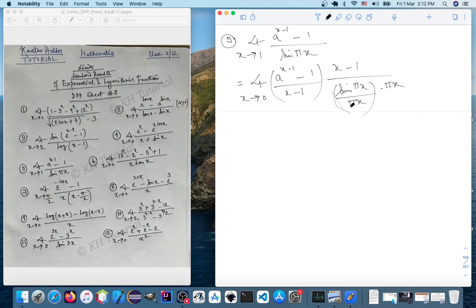And now what we can do is, we have now pi x. This is fine. This will become log a.